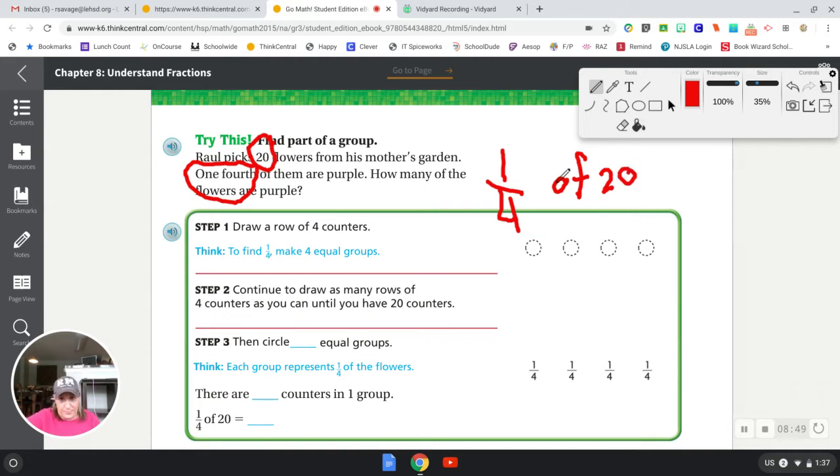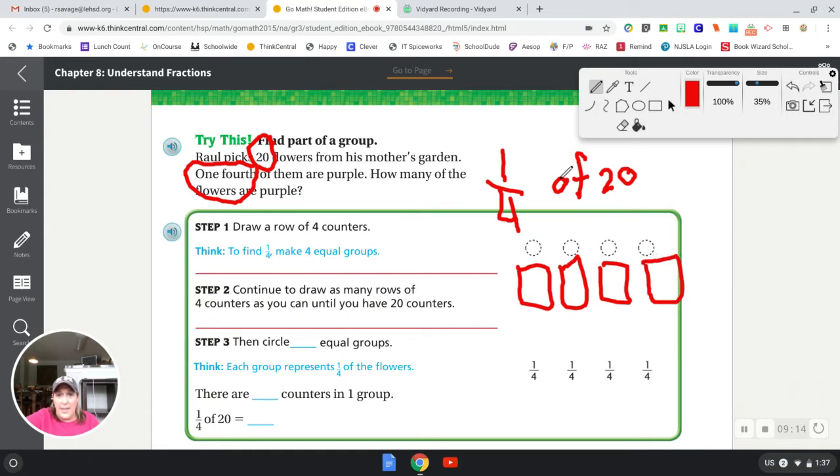All right. How many equal groups do I have to make? Here's a hint. Look at the denominator. Here's my denominator. 4 groups. They're doing this in rows, which you can do. I prefer groups because it makes more sense to me, but it doesn't matter. Okay, so here's my 4 groups.